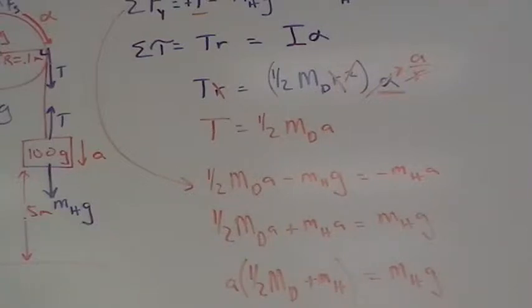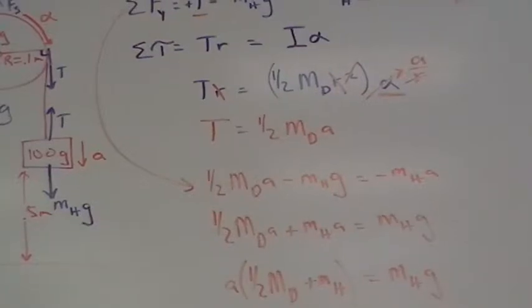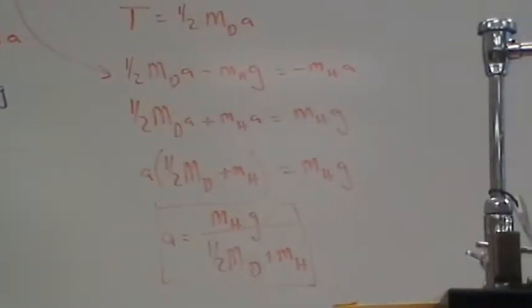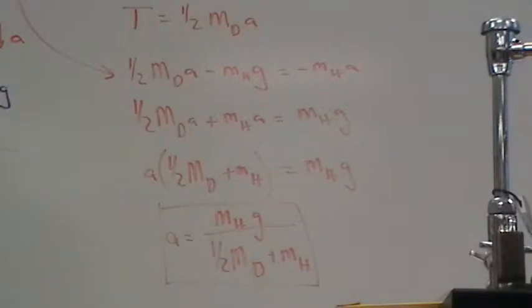Anyone see anything? It's kind of like a systems approach. If the disk was massless, what would the acceleration be? If they had a string wrapped around a massless disk, it'd be gravity, right?